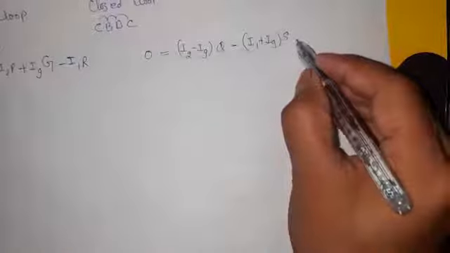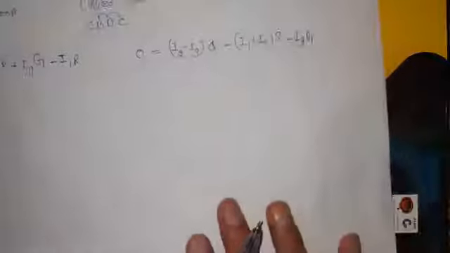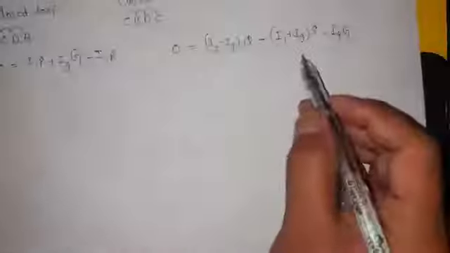We already know that if the current is against us, we take that IR product as negative. So this is the second loop.